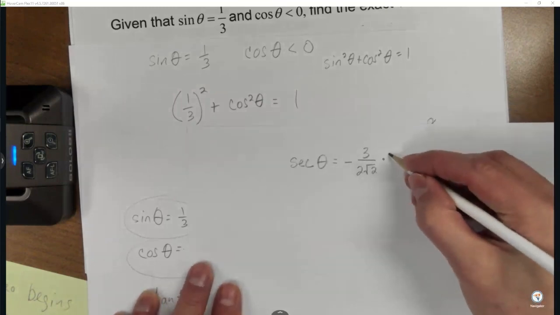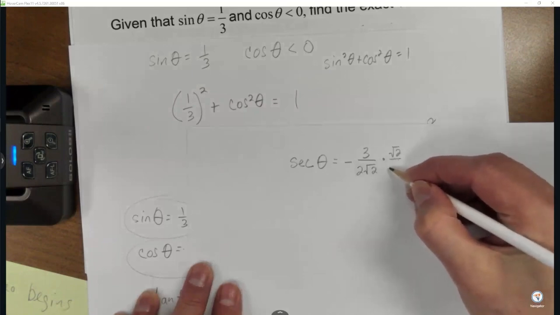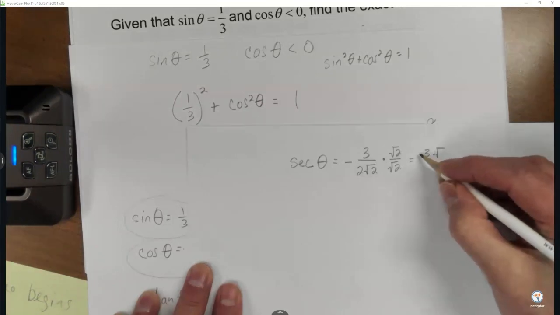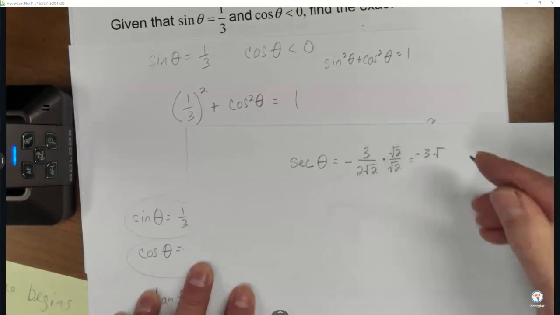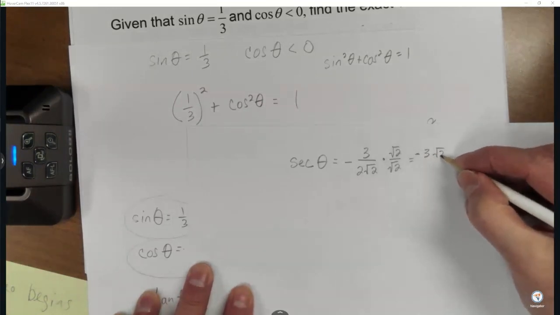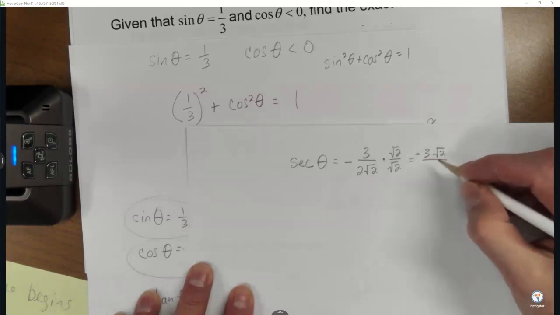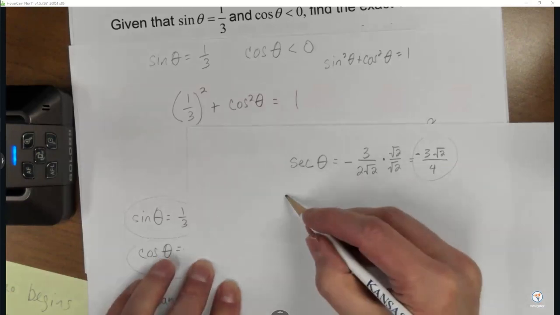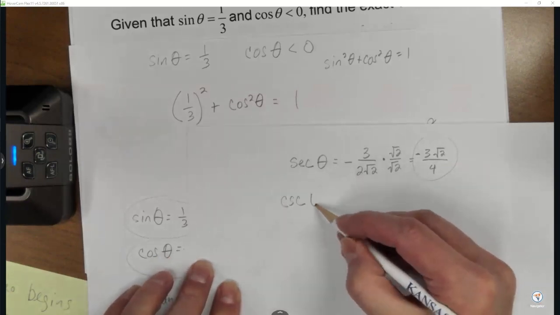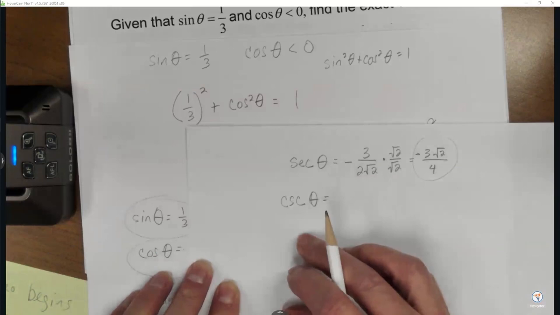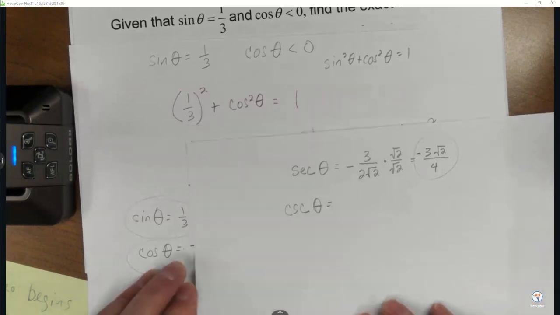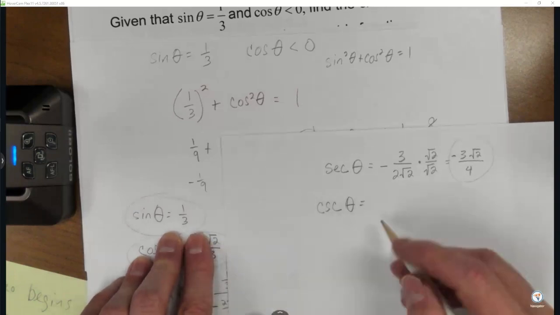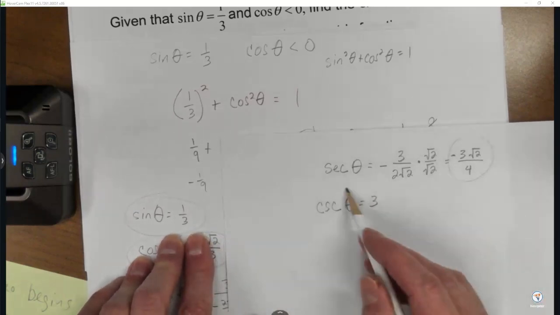Multiply that, rationalize, we're going to get 3 times the square root of 2. It's negative. Negative 3 times the square root of 2 over 4. And then our cosecant is equal to 1 over the sine. So this is not going to be much work since the sine was 1/3. Flip that and we get a 3.